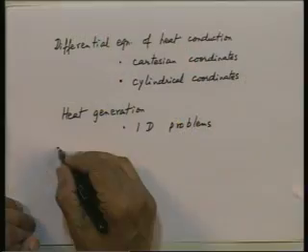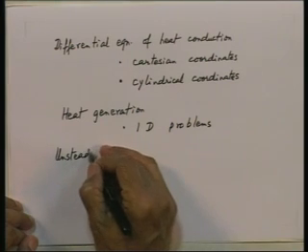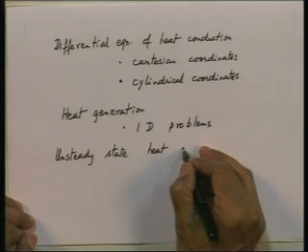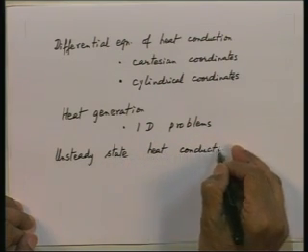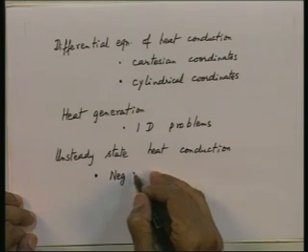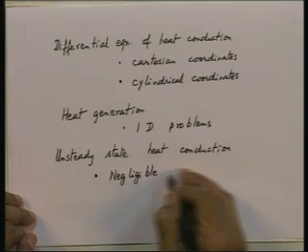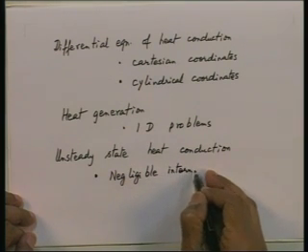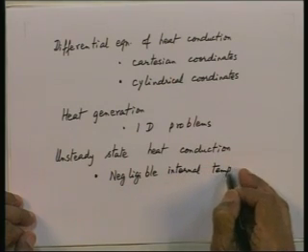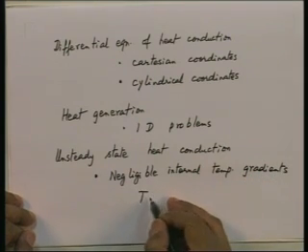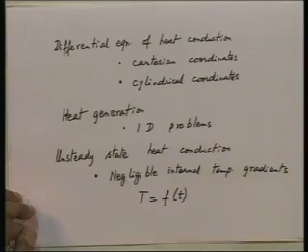Then we looked at unsteady state heat conduction, and in this, first of all we said, suppose we neglect internal temperature gradients, negligible internal temperature gradients, then we have a situation in which T is only a function of time, a very simple situation which can be solved regardless of the shape of the object.